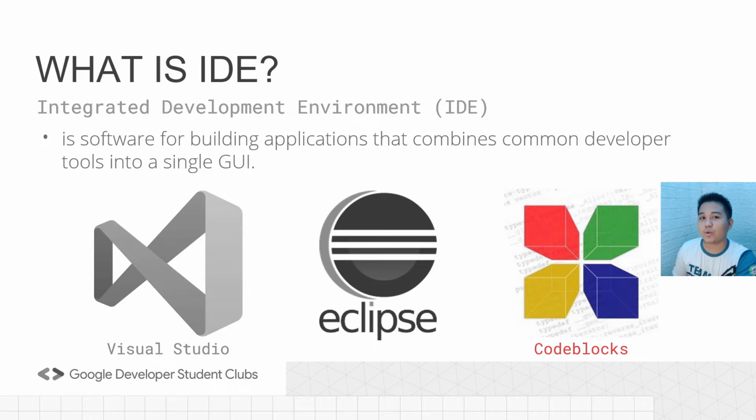On the other hand, Code::Blocks has a smaller file size compared to Visual Studio and Eclipse, which are a bit heavy. So if you have a high-end PC, install Visual Studio or Eclipse. But if you have a low-end one, use Code::Blocks. So for today, we will use Code::Blocks as our example IDE.